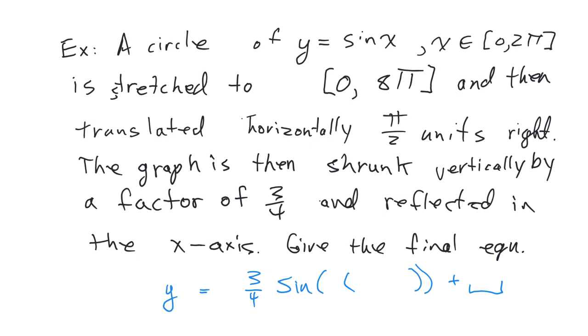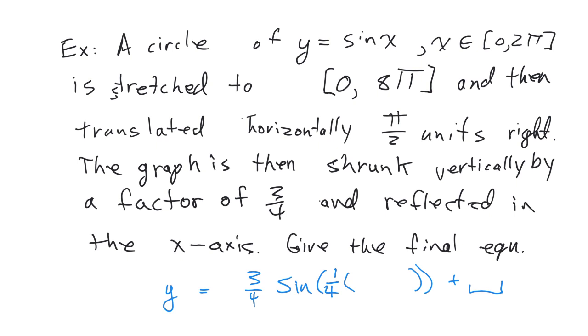That's a factor of 4, so it's horizontally stretched by a factor of 4. So the k value inside is actually 1 over 4. If we stretch by 4, then the value that goes inside our bracket is 1/4 for our horizontal stretch.